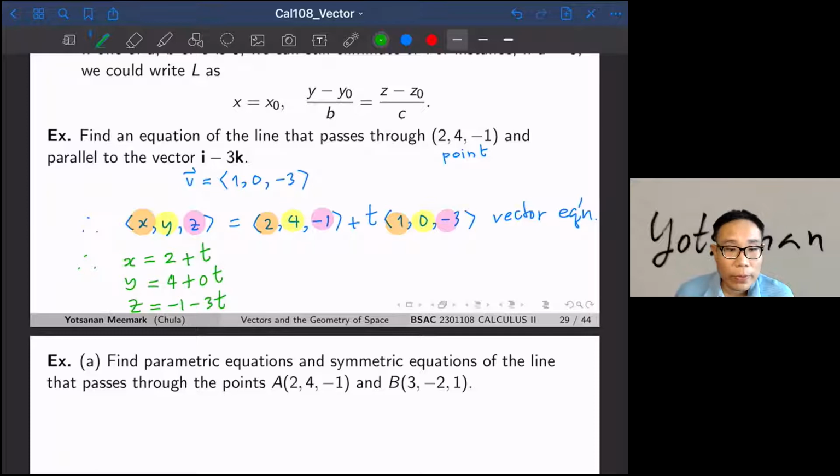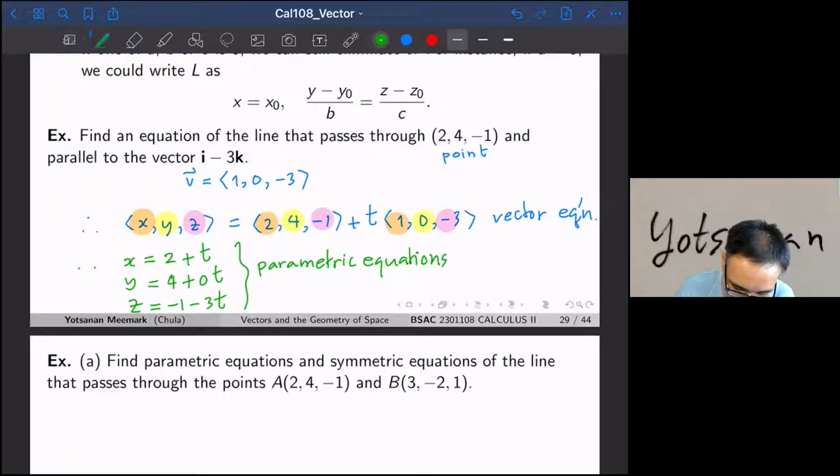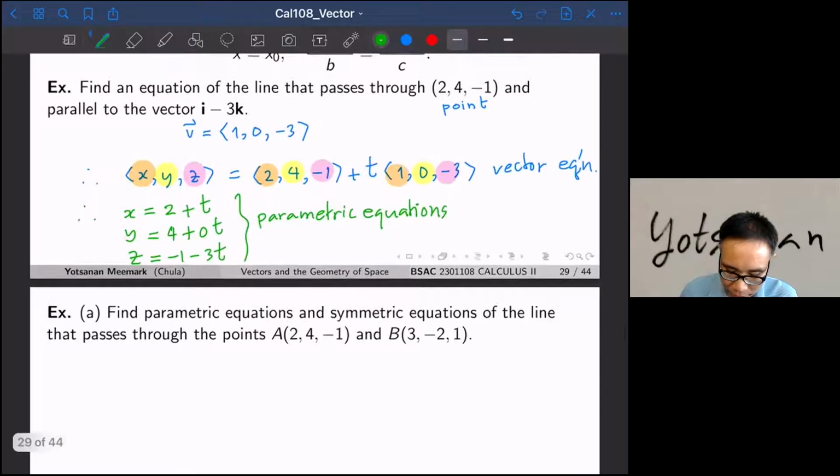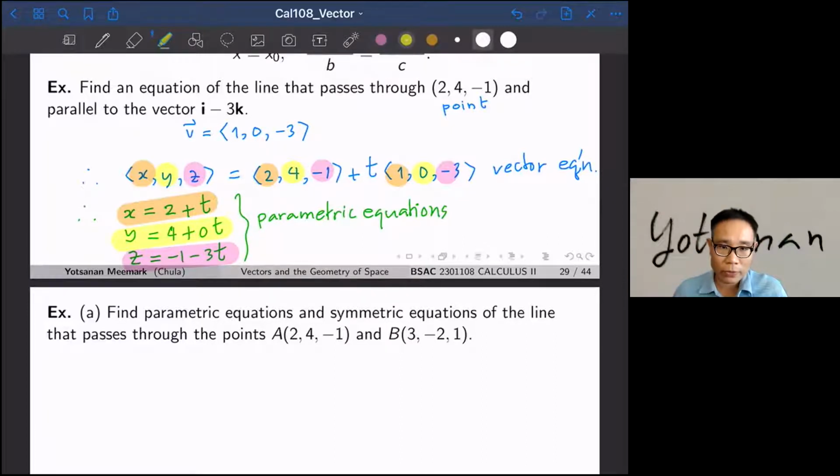This gives you the parametric equations. Notice the pink, orange, and blue colors here, which show how you obtain the parametric equations.